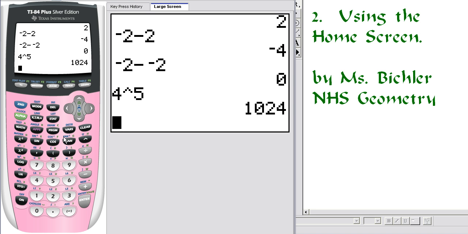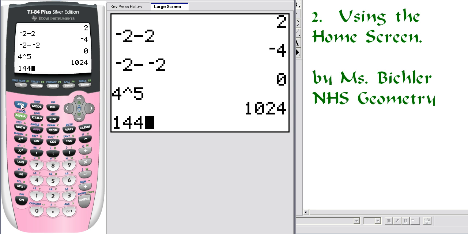Another great button on here is the square root button, which also has a squared button. What if you need to know what the square root of, what would be nice? How about 144? You wanted to find the square root of this number.